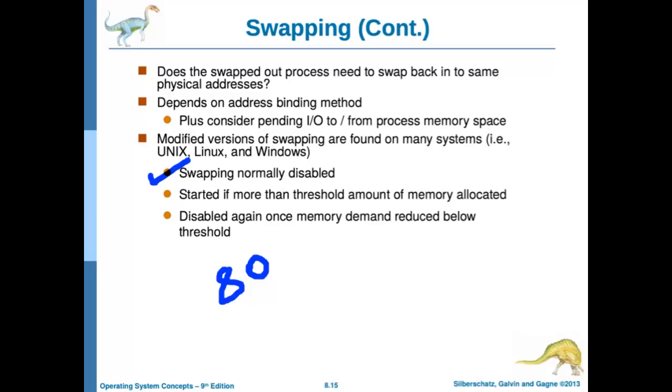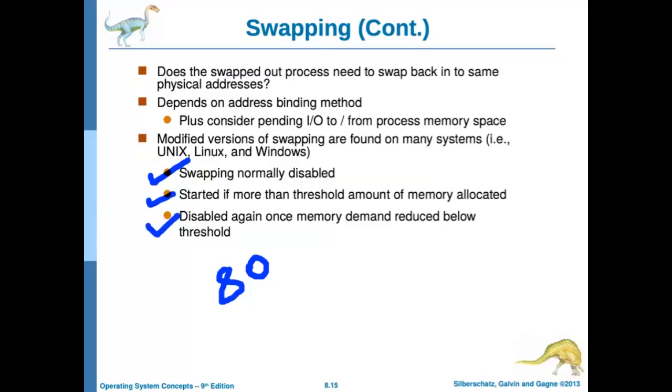And whenever demand for memory is again reduced below that threshold, so that will be as a percent of the memory. So for example, if it is 2 GB, 80% is 1.6 GB.